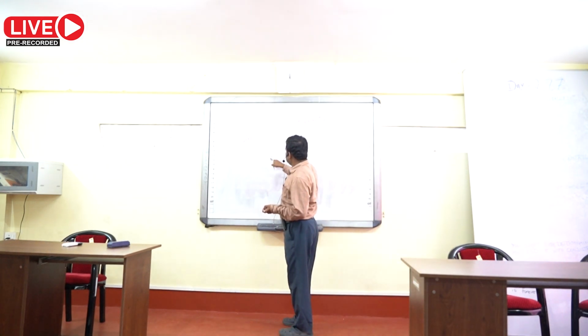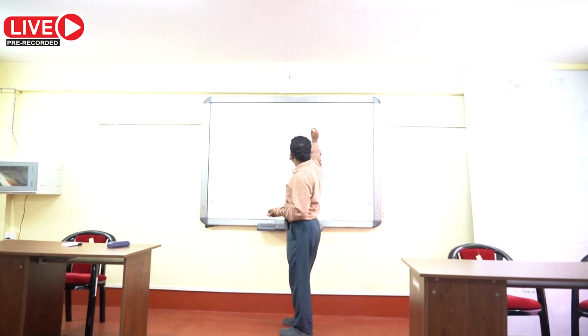What is m1? m. v1 is v, so m1 is m, v1 is v i cap. Then the second one is m v j cap. Third one is m3, which means 3m, v3 equal to 0.